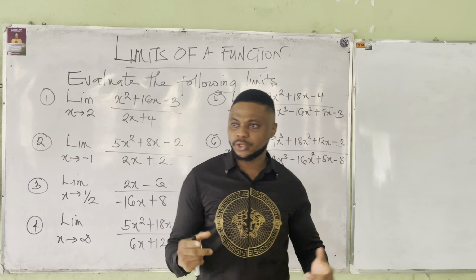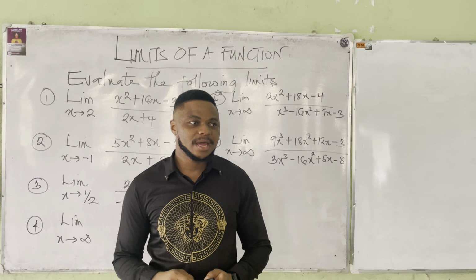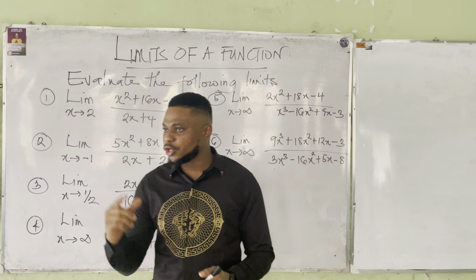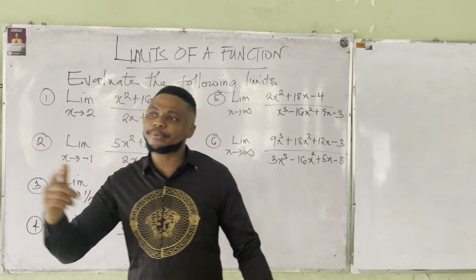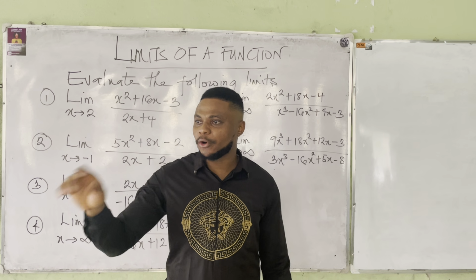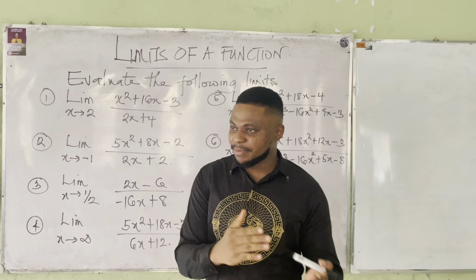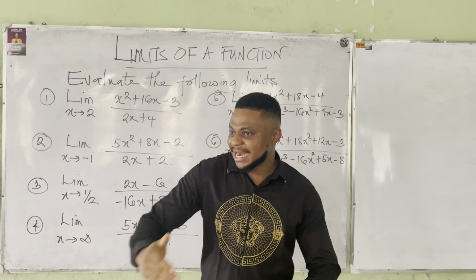I want to remind you that a limit is actually a value that x tends to, or x approaches, in a given function. When we say limit, we are talking about an extent.